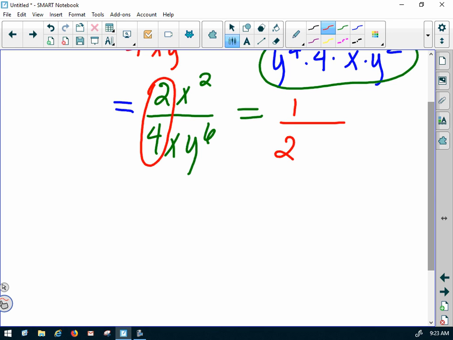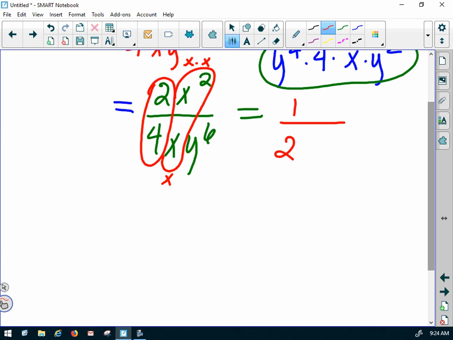What about this piece right here? When I divide like bases, what do I do to the exponents? I subtract them. Here's another way to think about it. The top has an x times x, correct? The bottom has only one x.